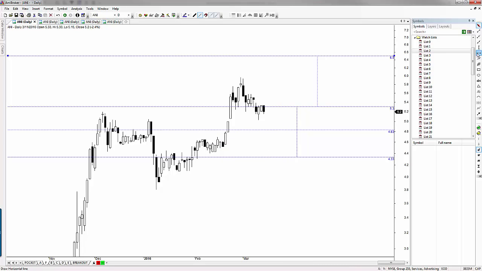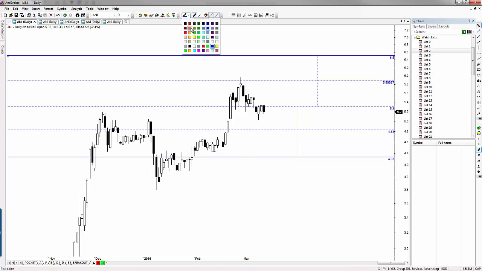But right now, since our approach is to segment, the segmentation puts your resistance level at 588. So now you have a wide range to look at and consider for the trade.